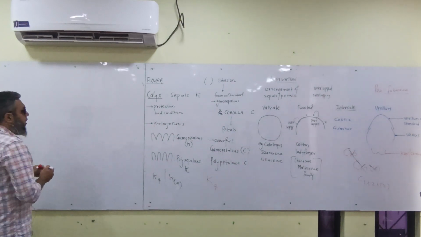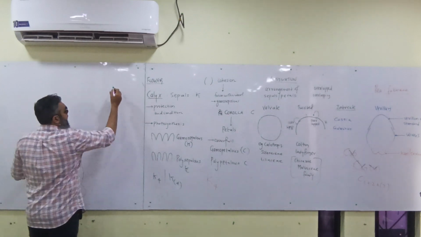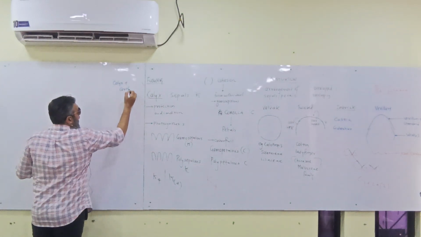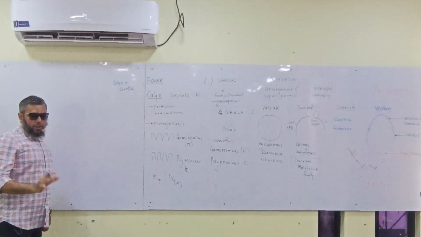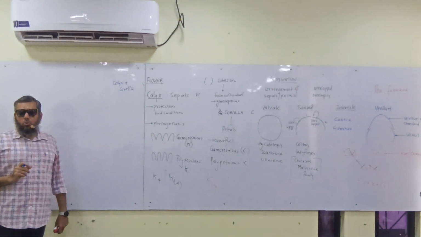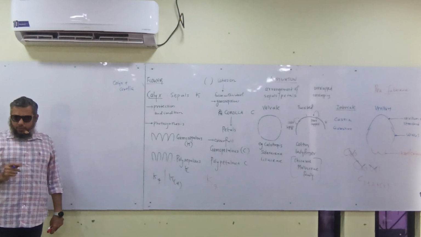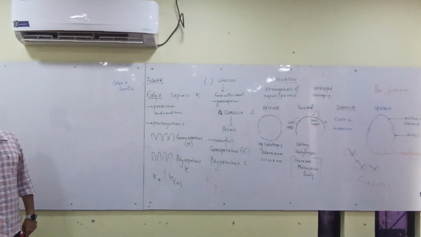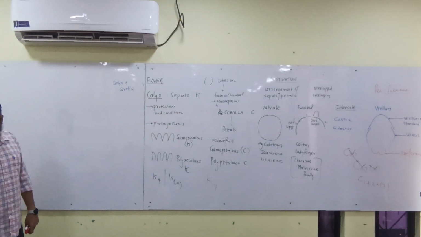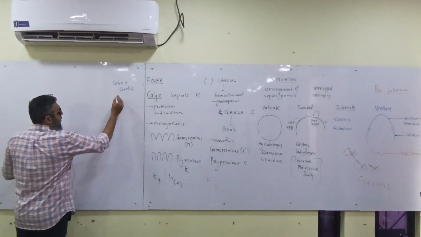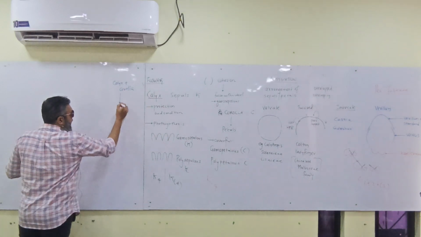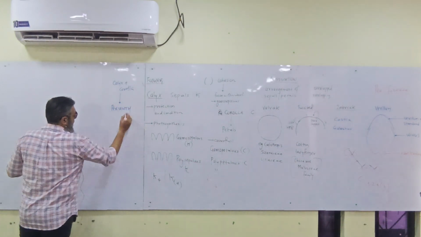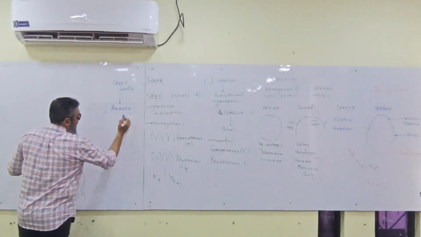Okay. Now, in some flowers, the calyx and the corolla get fused. Who gets fused? कैलिक्स और करोला एक साथ हो जाता है, मतलब उसमें फिर अभी आप कैलिक्स और करोला में डिफरेंस नहीं कर पाओ. Such a whorl, which is formed by the fusion of calyx and corolla, is called as perianth.